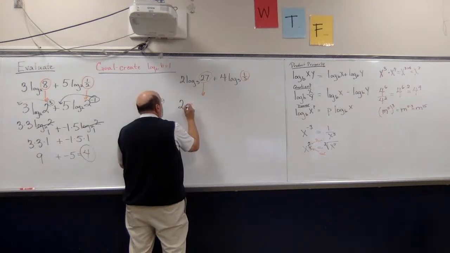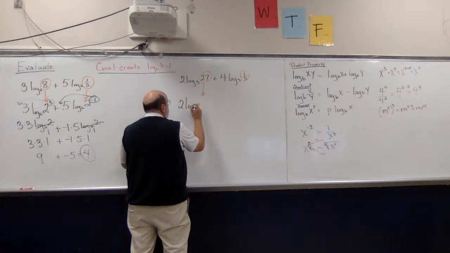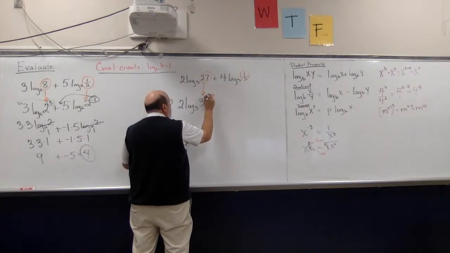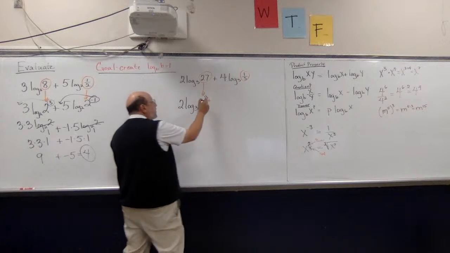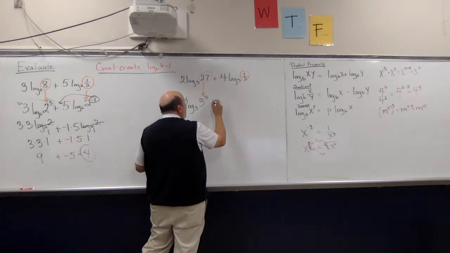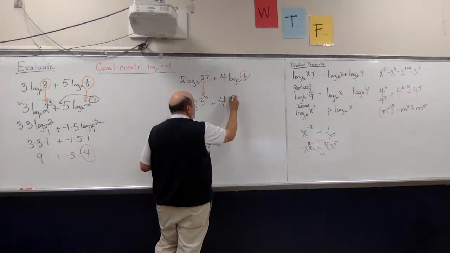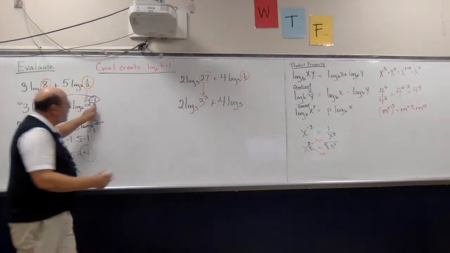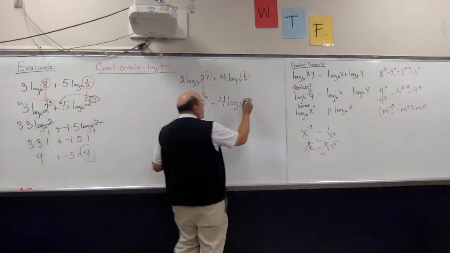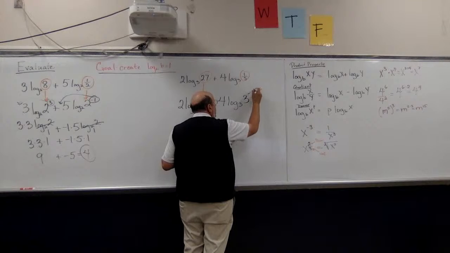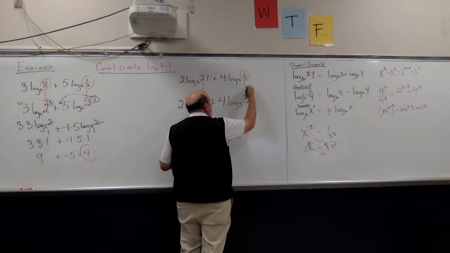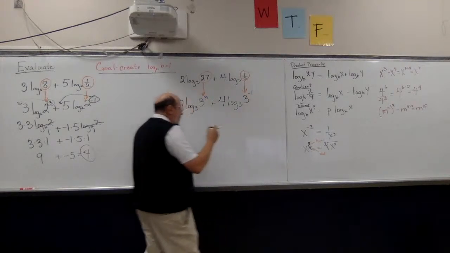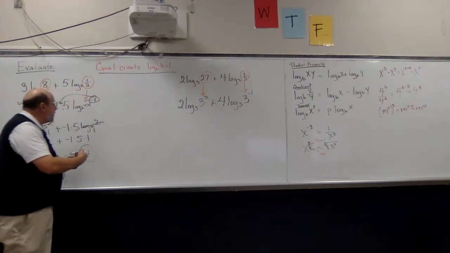So it's 2 times log base 3, and it's 3 to the third power, right? 3 to the third is 27. Now 4 log base 3. And this is, remember I showed you over here, the -1. This is 3 to the -1. That's 1/3, right?